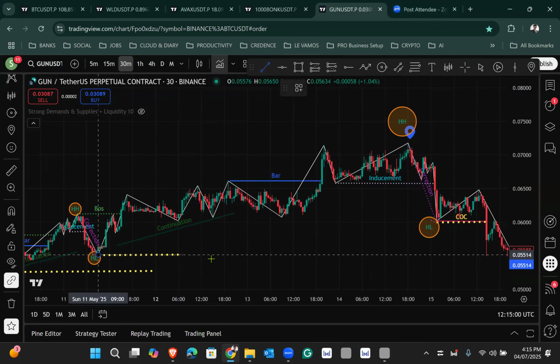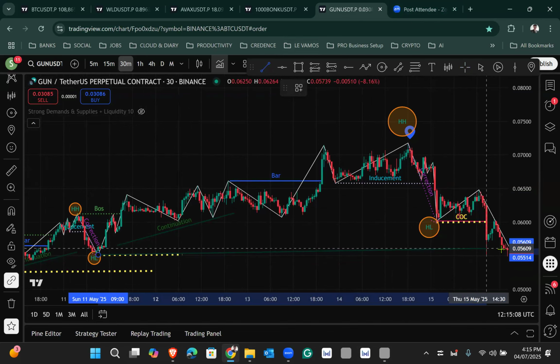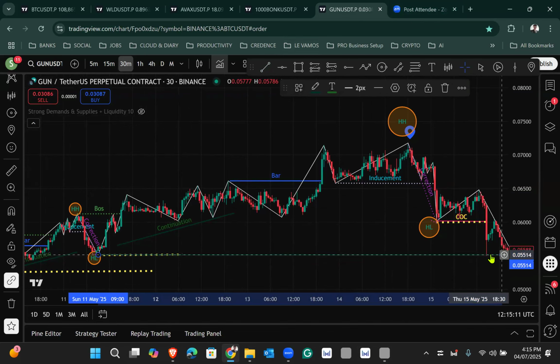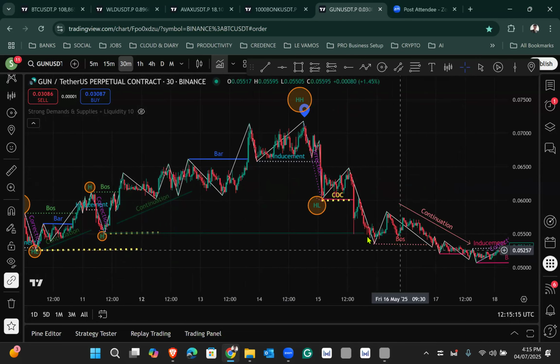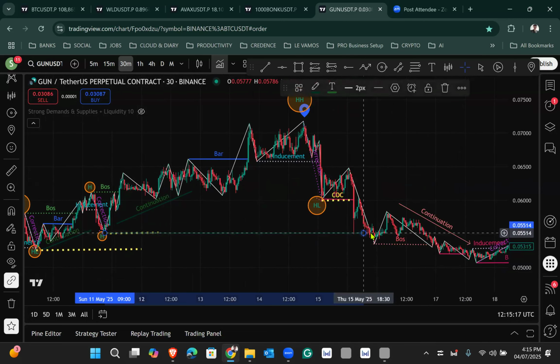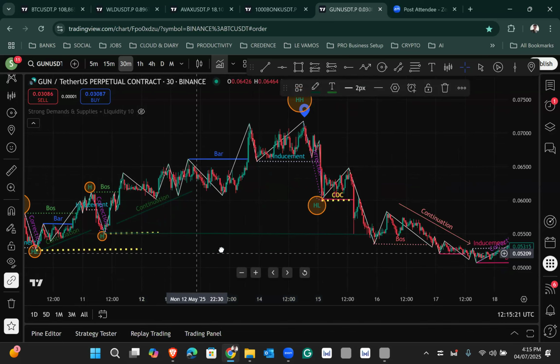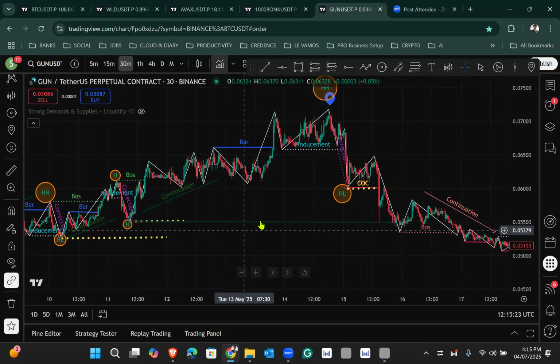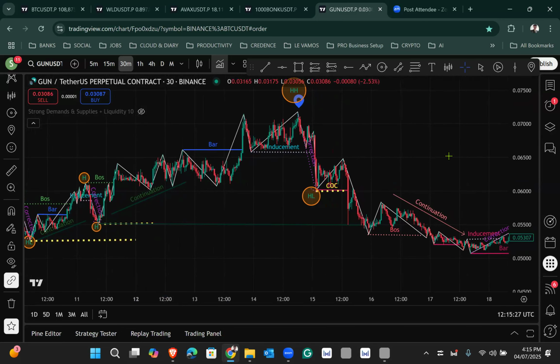So you extend that line. Yeah, it came up to here. So that is where the change of character line will be.